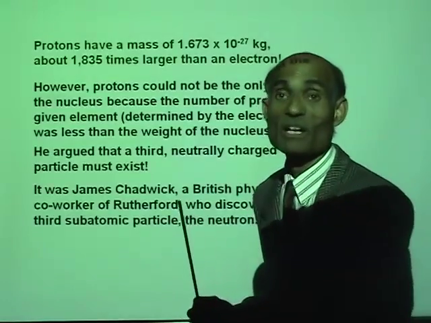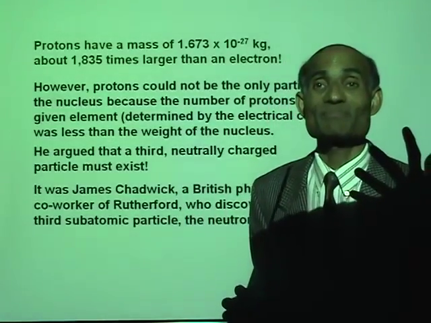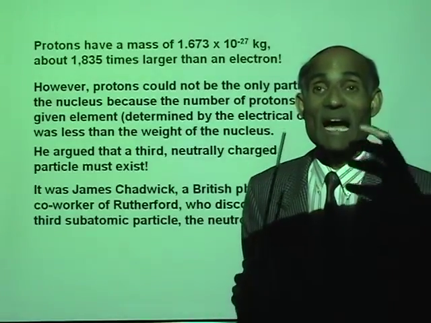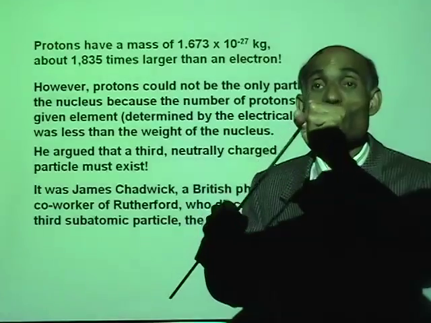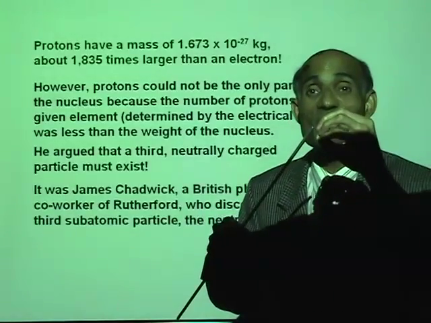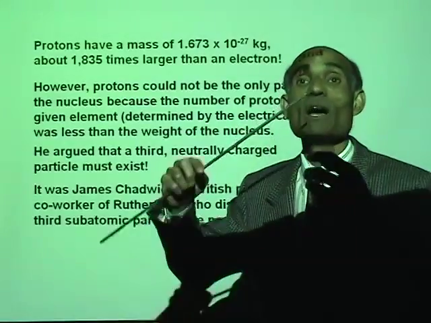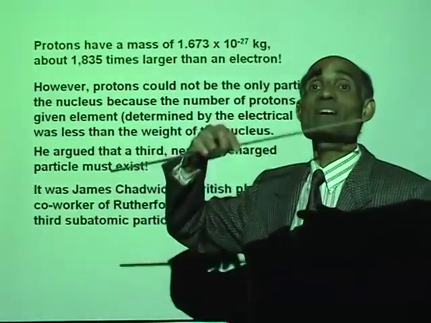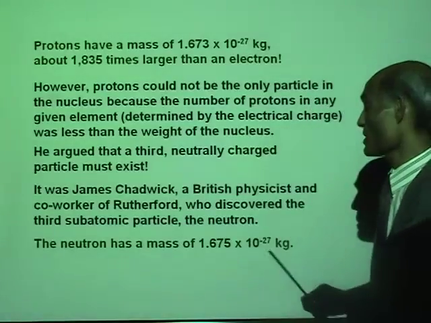So what types of subatomic particles do we know so far? An atom now has a nucleus. The nucleus contains protons that are positively charged, neutrons that are electrically neutral, and of course outside you have electrons that are negatively charged.